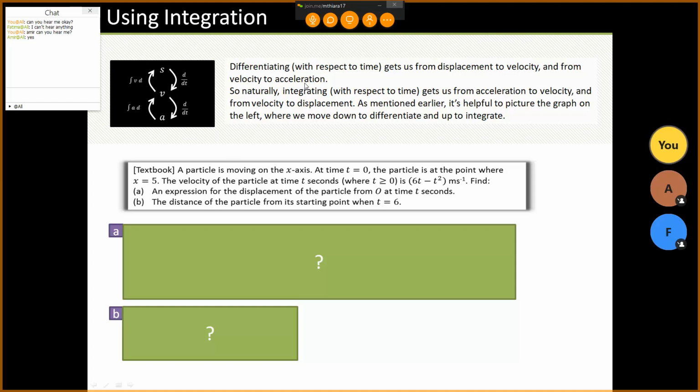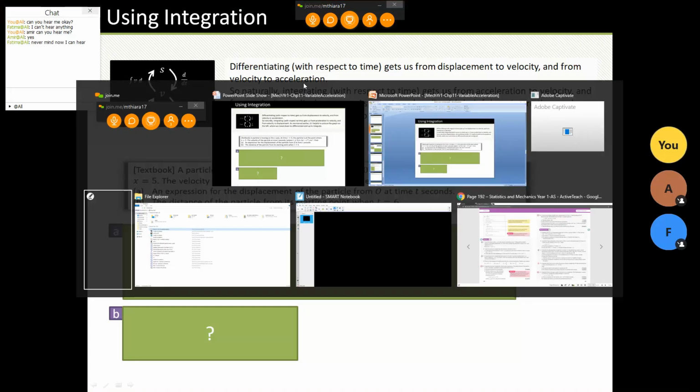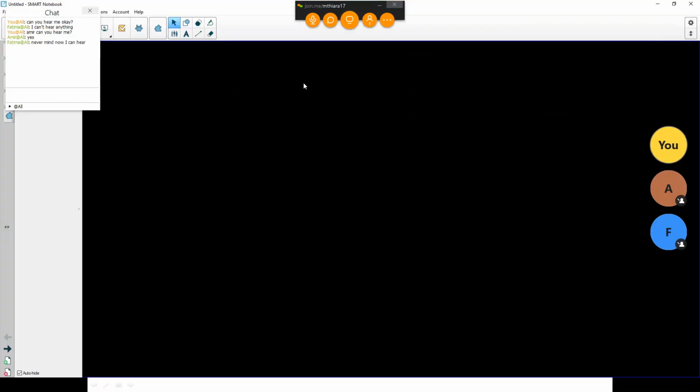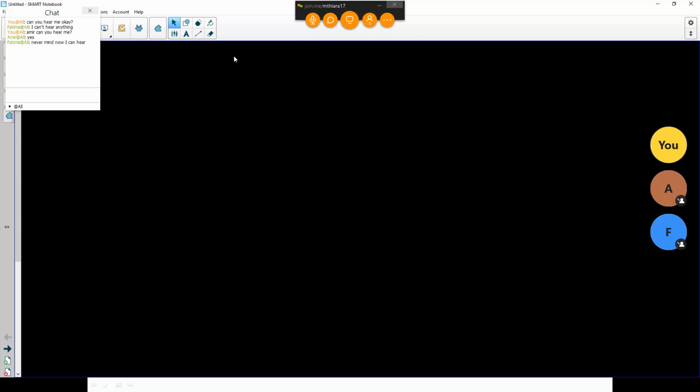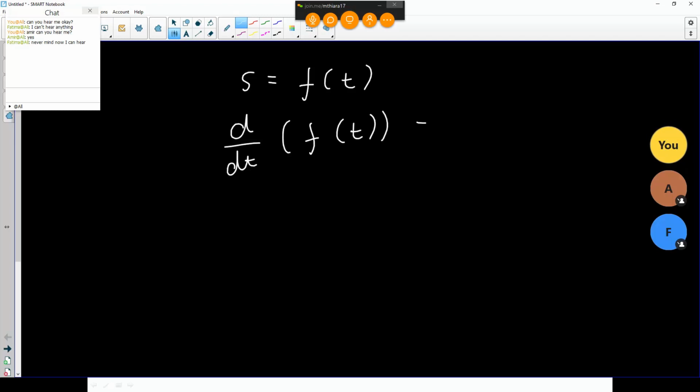So, last time when we were looking at variable acceleration, we found that if I had displacement, some formula s equals f of t, and I differentiated that, d/dt of f of t, I would get the velocity.